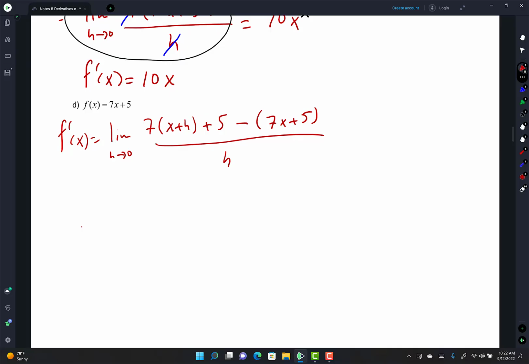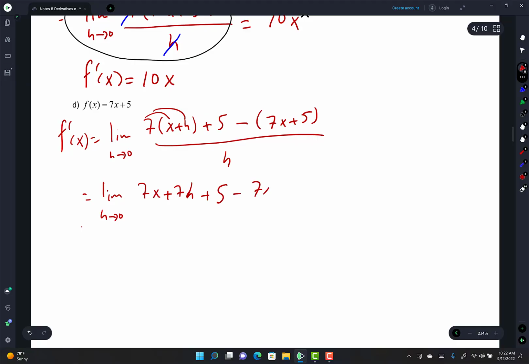Okay, I'll stop. Here we go. Distribute the 7. So limit as h approaches 0, 7x plus 7h plus 5 minus 7x minus 5 all over h. I'm going to zero out whatever zeroes out. 7x's, 0 out.